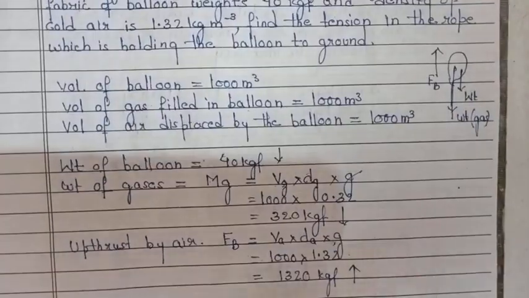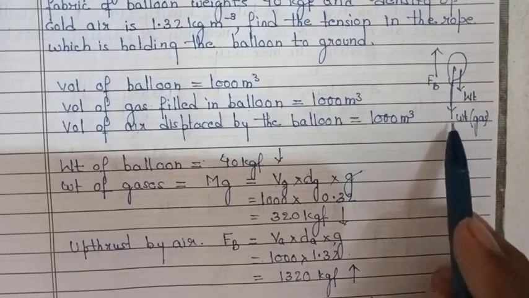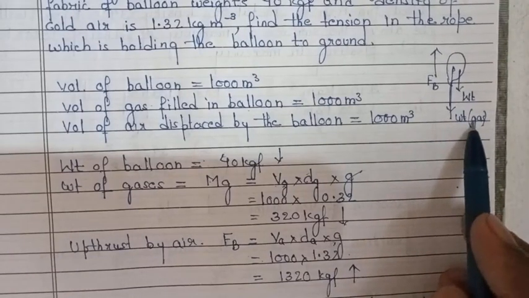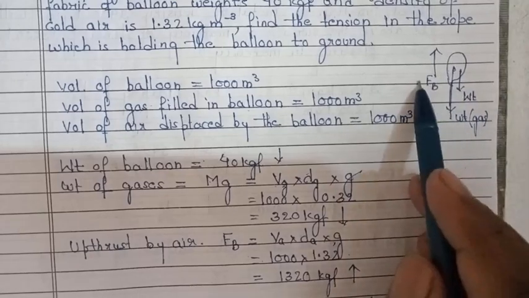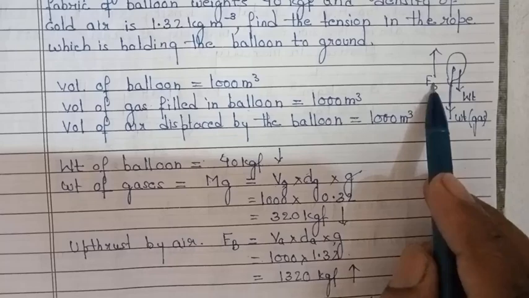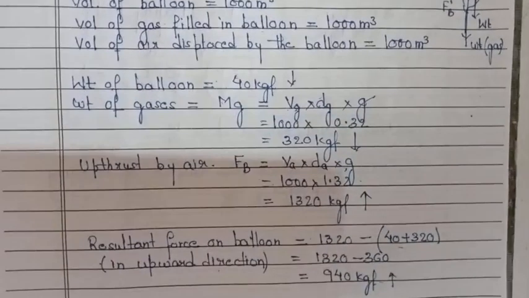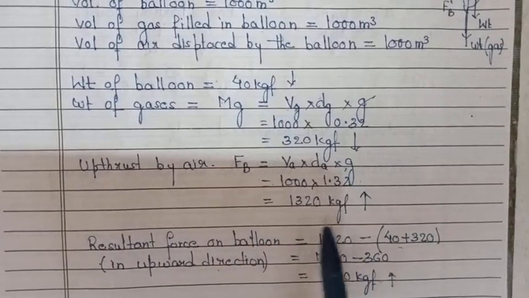So remember, in this case three forces were acting on the balloon. One is the weight of the balloon, downward direction, one is the weight of the gases in the balloon, and the third one is the upthrust. These two forces in the downward direction and upthrust in the upward direction. So first of all we have calculated all the three forces.